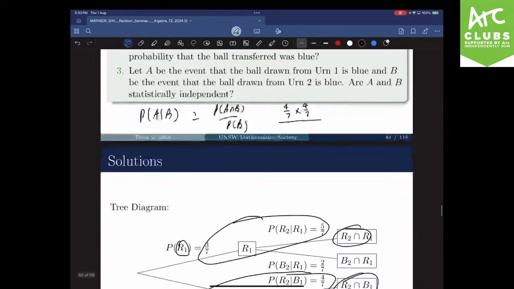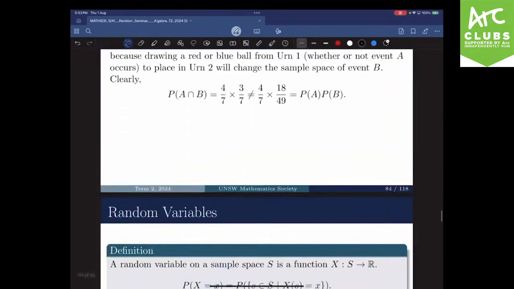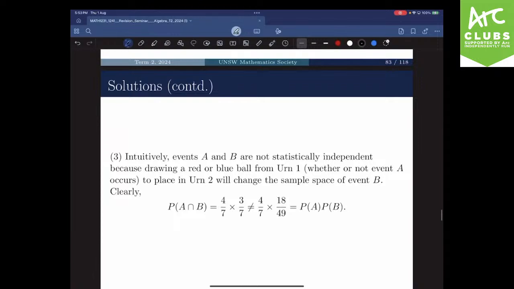Matter of fact, we can, and we discussed this before. We just want to show that P of A and B is equal to P of A times P of B. If this condition is not satisfied, then we know that these events are not statistically independent. If it is, then they are.